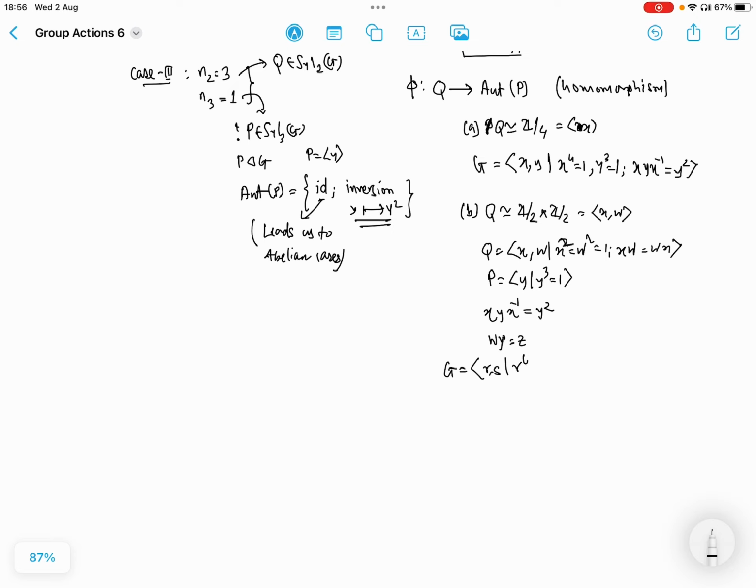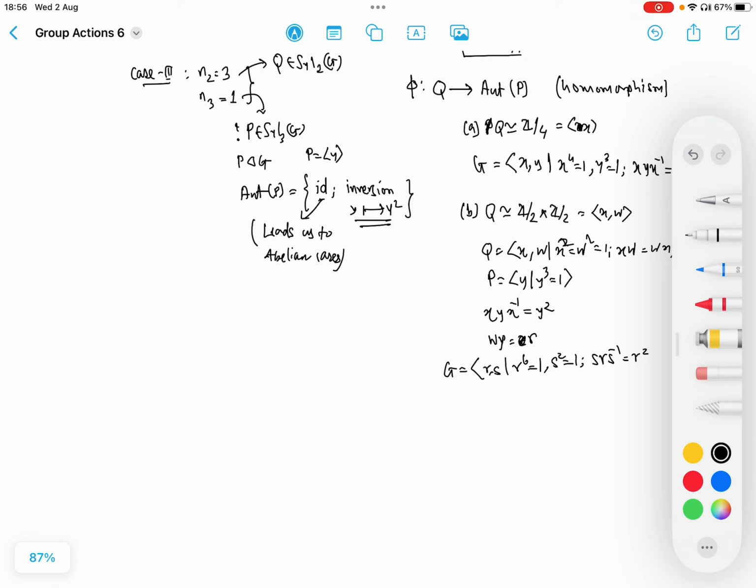So this has order 6. If we just call this element R, S has order 2, and this is the relation: S R S inverse will go to R squared. Or, let me check. So you get that.